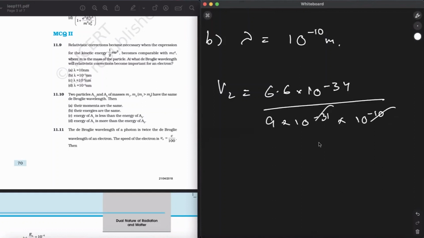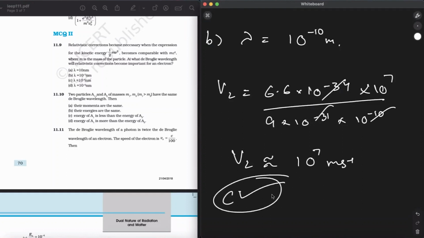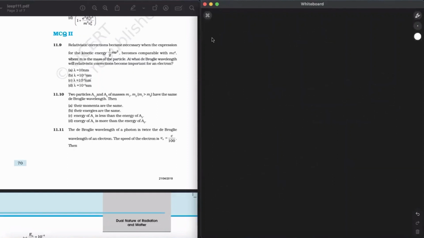So it is in the range of what? V2 is in the range of 10 to the power of 7 meters per second.